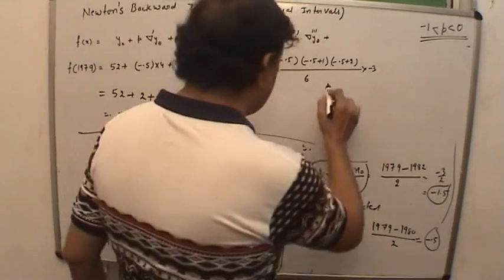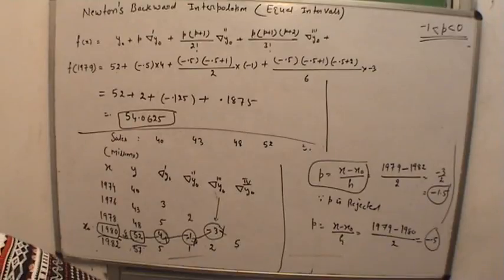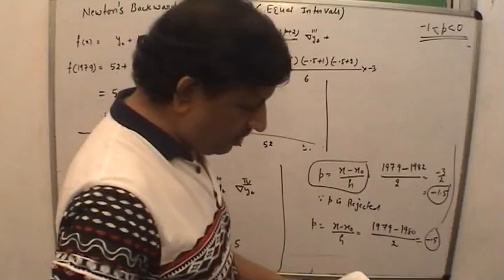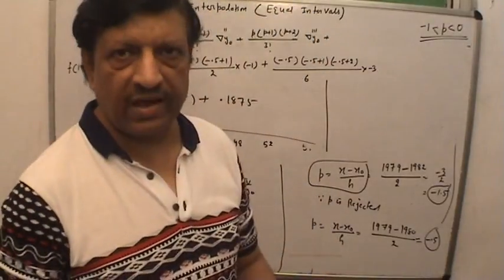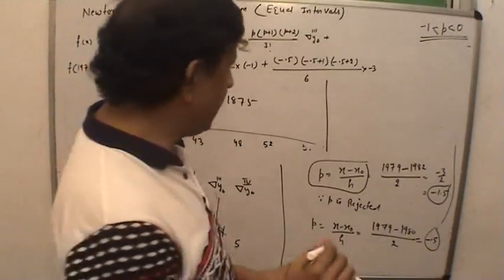The given data that was provided, I write it here in this way. See, the problem was: the sales in a particular department store for the last 5 annual sessions was given like this.